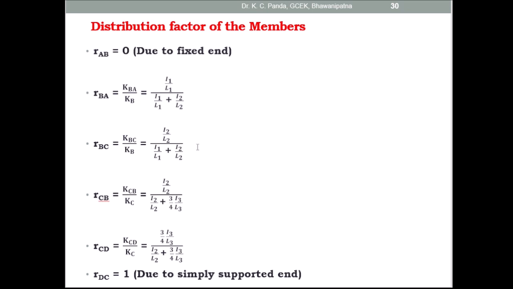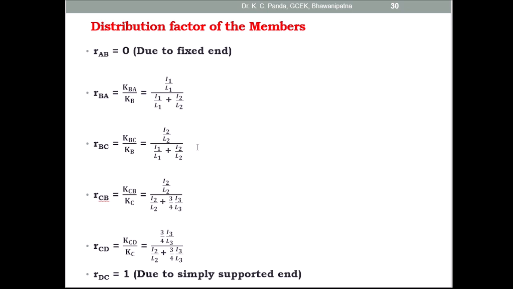So in this way you can find out the relative stiffness of the members, the relative stiffness of the joints, and the distribution factor for the members. After knowing the distribution factors and fixed end moments, you have to go for the distribution of the moments, then carry over the moment to the far end of the members.